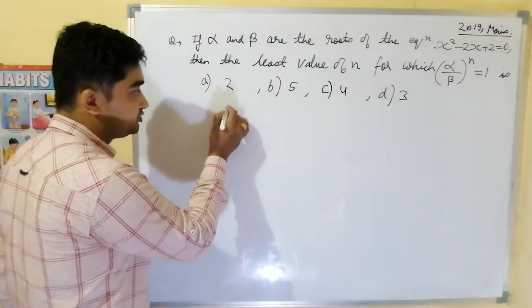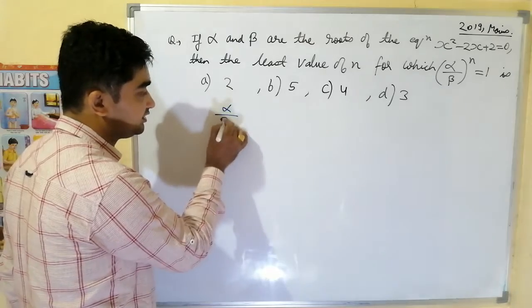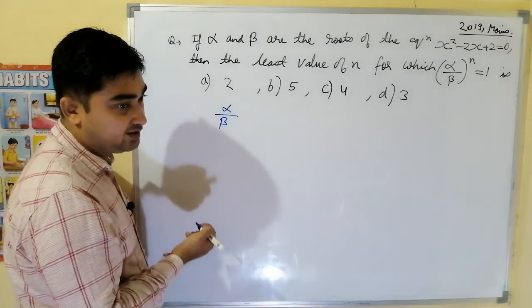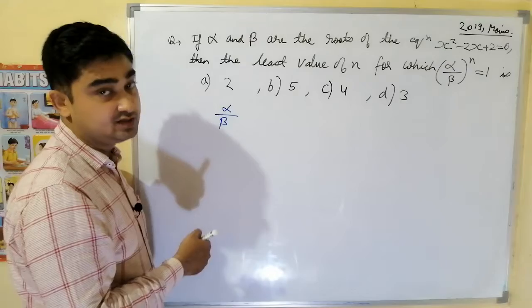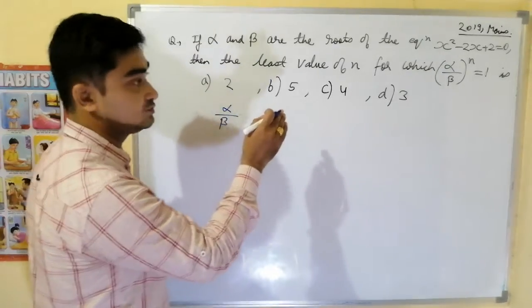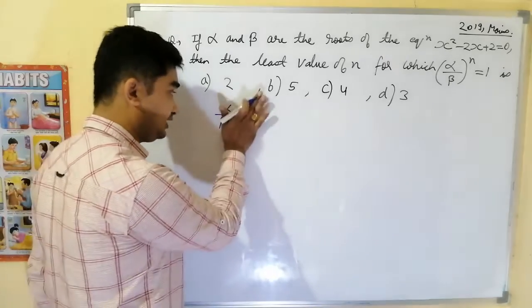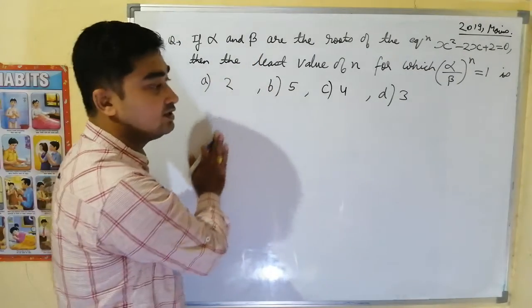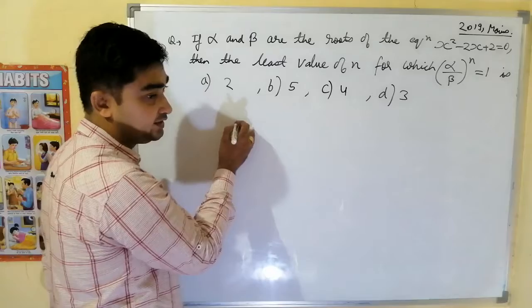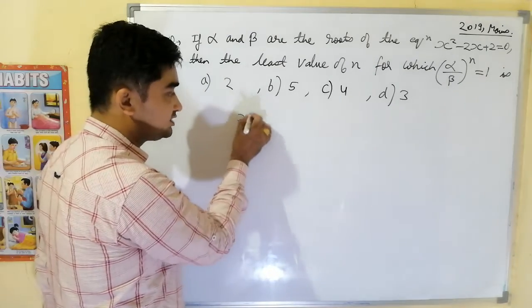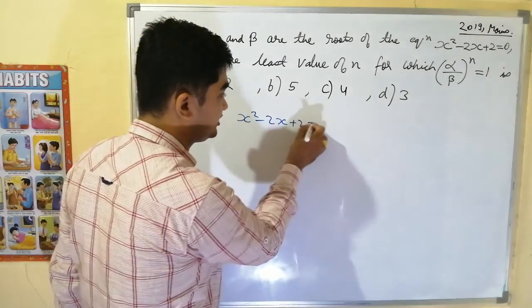For finding n, first we should know what is alpha by beta. For finding alpha by beta, first we should know what is alpha and what is beta. Alpha and beta are the roots of the given equation. Given equation is a quadratic equation and all of us know how to solve a quadratic equation. Given equation is x square minus 2x plus 2 is 0.